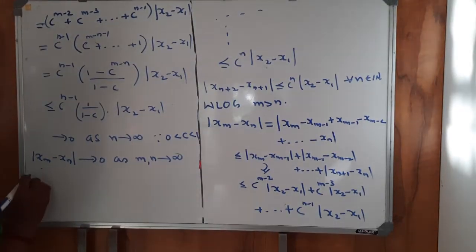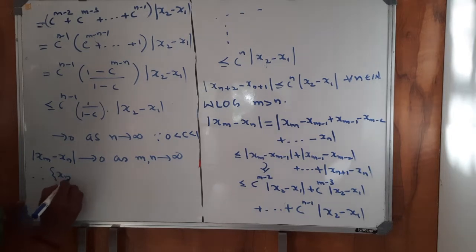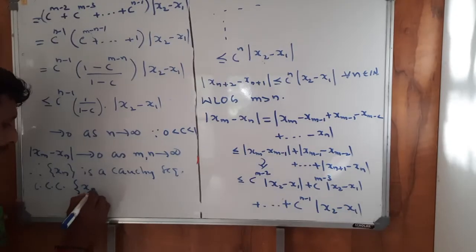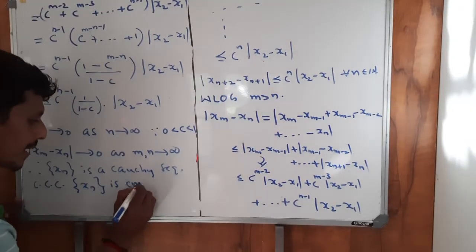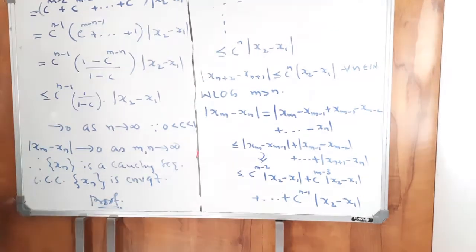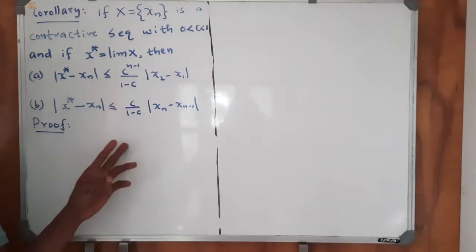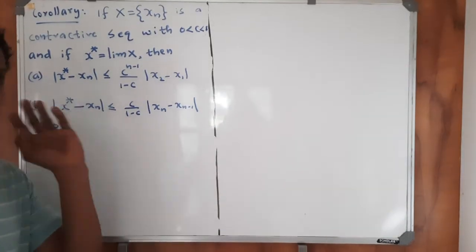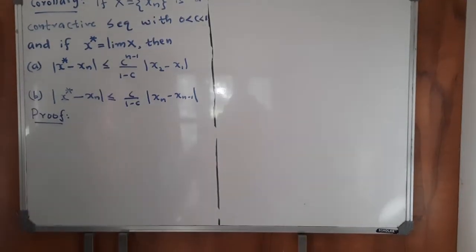Therefore, sequence xn is a Cauchy sequence, and by the Cauchy convergence criteria, sequence xn is convergent. Hence the proof. So now we have established that every contractive sequence of real numbers is convergent.